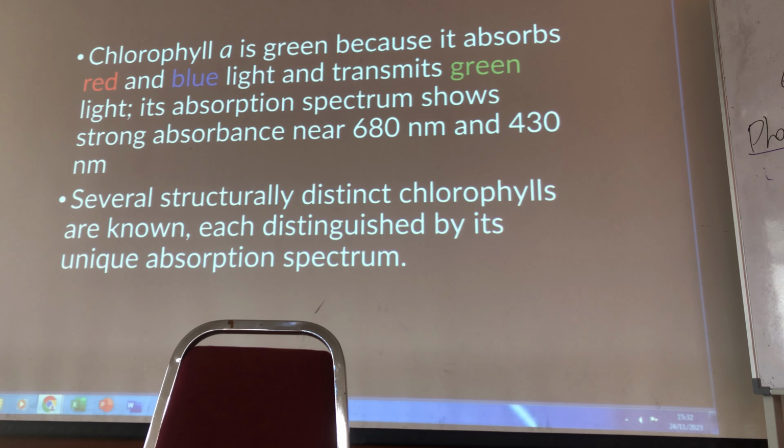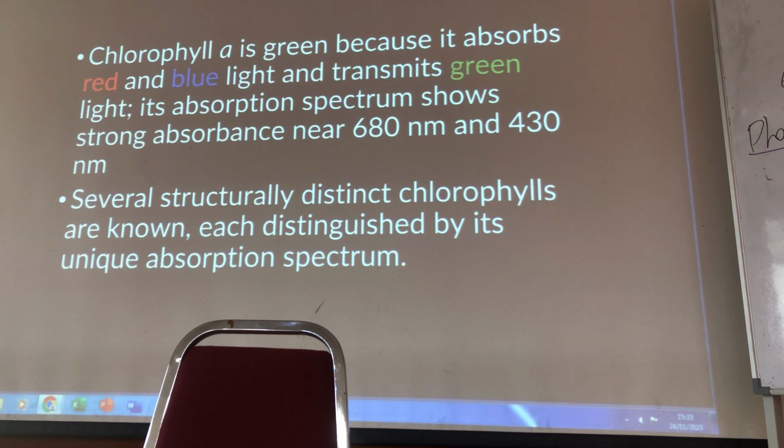If you Google it, there's a picture showing that if something appears green, it reflects green light. Do you remember the colors of the rainbow? Maybe you can Google it.